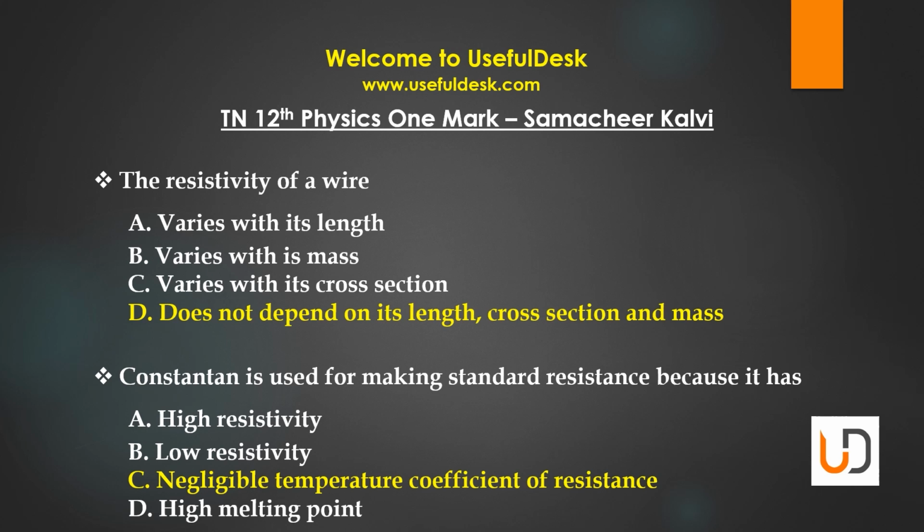The next question is: constantan is used for making standard resistance because it has. The options are high resistivity, low resistivity, negligible temperature coefficient of resistance, high melting point. The correct answer is negligible temperature coefficient of resistance.